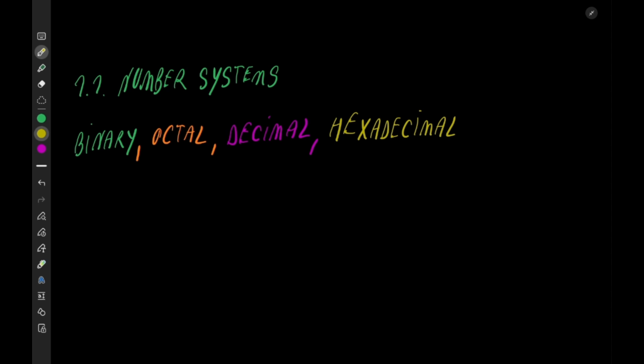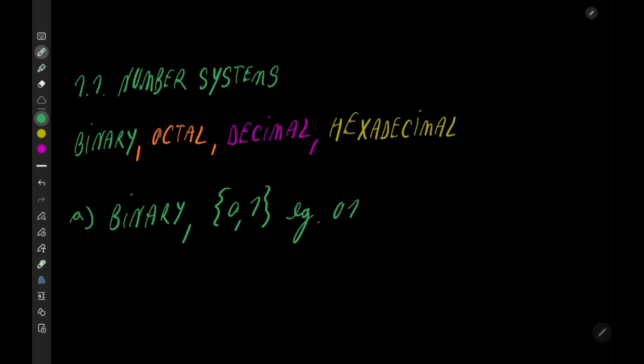Now we will go one by one and explain what each one means. So we're going to start with A, binary. Binary is represented by 0 and 1s. For example, 0, 1, 0 is a binary number.